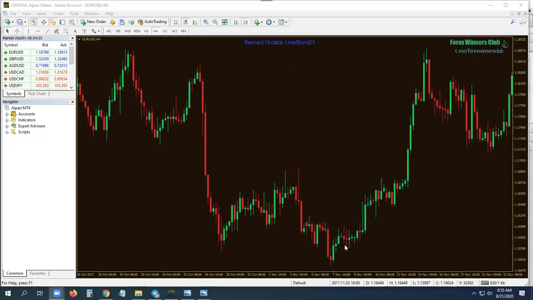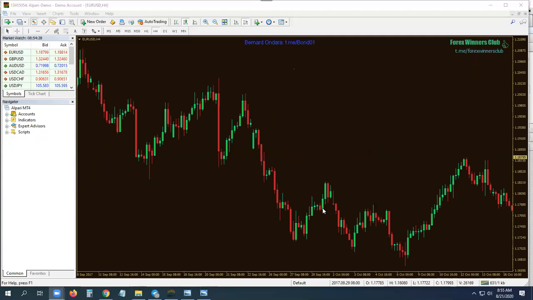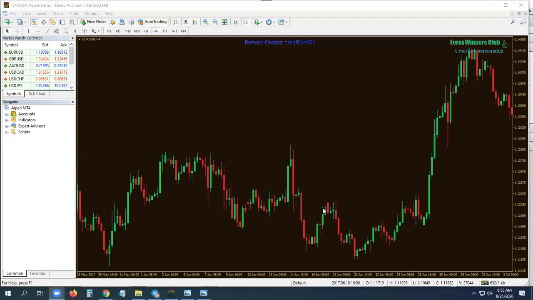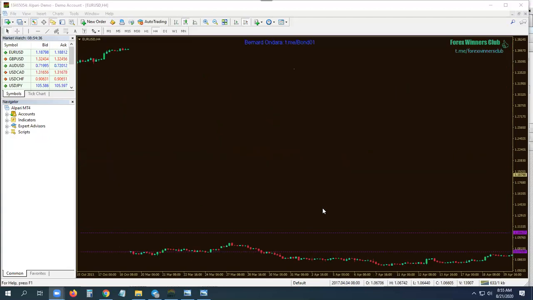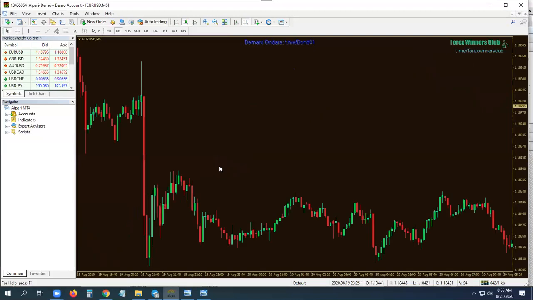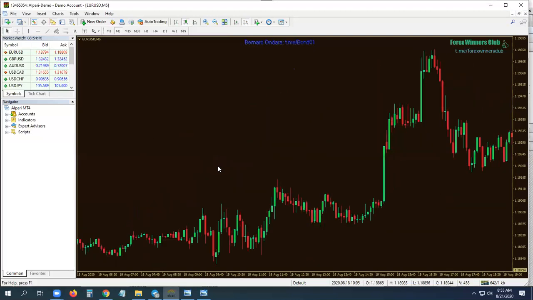Right, this one looks like one, but not a very good one. And about this one, no, not that. That chart has gone mad. So let's go to 5 minutes just to get the illustration. I don't trade on 5 minutes when I'm doing Forex.